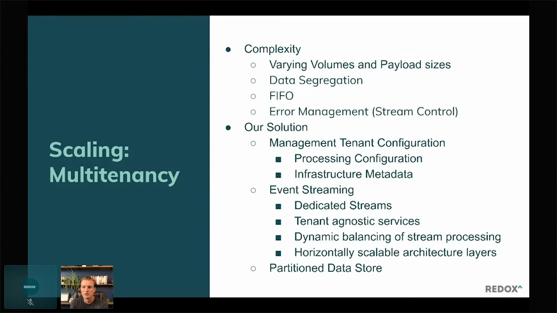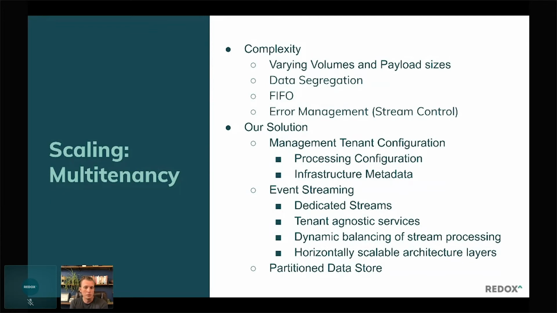Event streaming also allowed us to maintain FIFO within each stream, which means that we can maintain FIFO within each tenant, and allows us to control each stream in isolation from others. So we can pause a single stream while still continuing processing on all the other streams, which was pivotal.